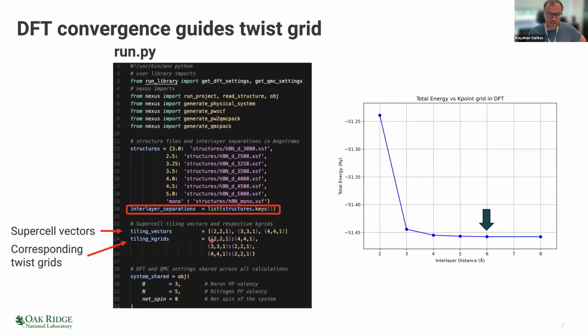When we form the tiling vectors and the tiling k-grid, the tiling vector stands for the supercell size, and the keys in the tiling k-grid correspond to the tiling vector. So this says I'm going to use a 2 by 2 by 1 supercell with a 4 by 4 by 1 twist grid. The idea is that it is simpler to see here because these correspond to diagonal supercells and simple K-point grids based on those supercells.